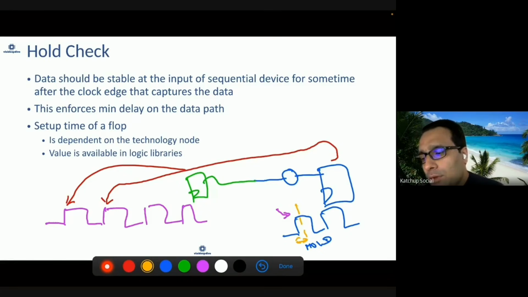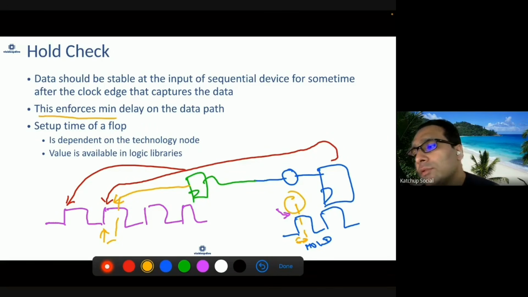Now, when this flop is capturing, new data is being launched here. This data should not change the previous value which is being captured. So there has to be some minimum delay so that the previous data is still captured and stays stable. And that is how it enforces a min delay on the data path. So basically the next edge of the launch flop should not change the previous value which is being captured. And that is what is enforcing it. So there has to be a minimum delay for the next launch clock edge.